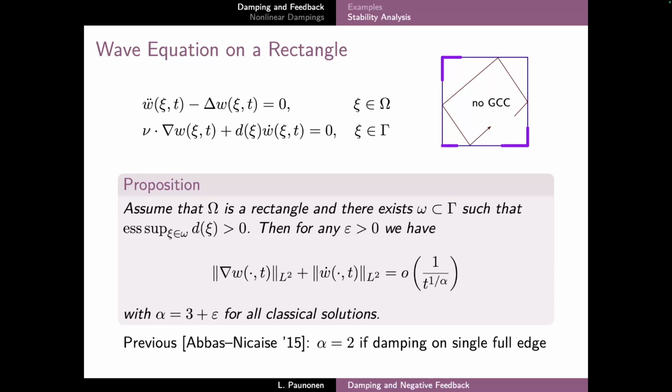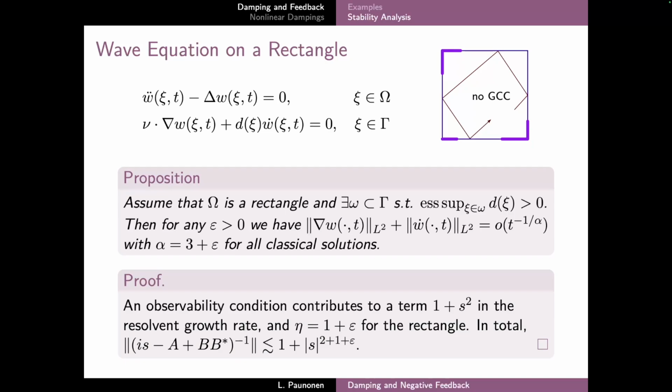But this is no longer the case for us when the damping is somewhere else besides on a single line. The way that we get the decay rate is that the observability condition contributes to this quadratic term in the resolvent growth, and using the parameter value for eta in the case of the rectangle gives us a resolvent growth with 3 plus epsilon.